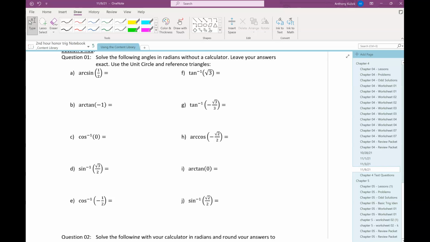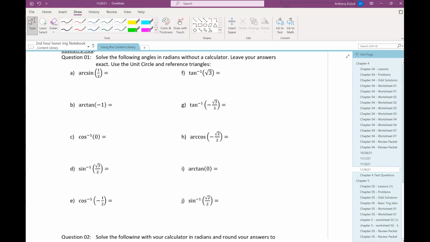Most of these usually have at least two locations where this could be happening between 0 and 360, or 0 and 2 pi, since it's asking for radian answers. To figure out which one you're looking for, you use the range from those inverses that we just mentioned.